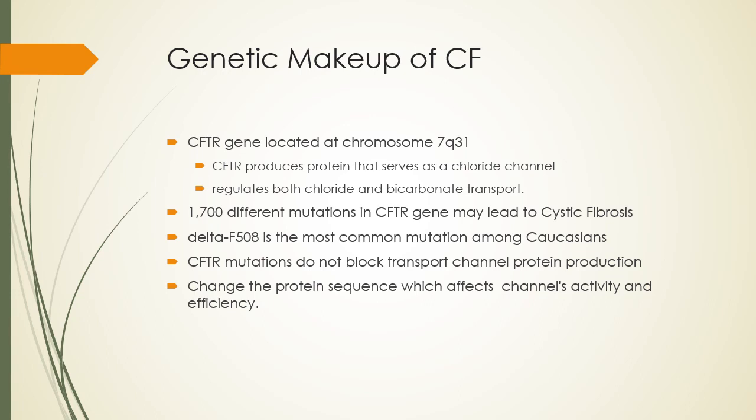Also, it's interesting to mention that the CFTR mutation does not completely cease the production of this protein, but the protein sequence will be altered. So the protein functions, but it may not be as effective as a protein produced by a non-mutated gene.